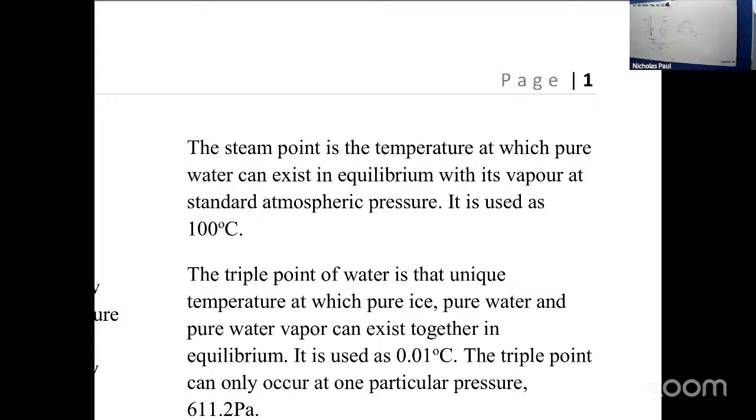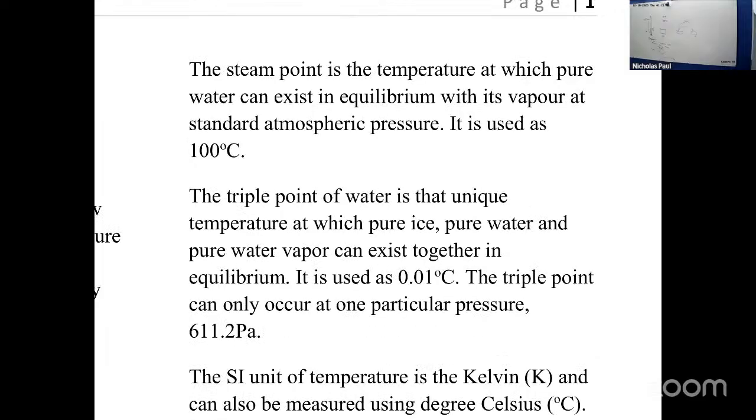And this one here, which is new to everybody: the triple point of water is the unique temperature at which pure ice, pure water, and pure water vapor can exist together in equilibrium. It is used as 0.01 degrees Celsius.